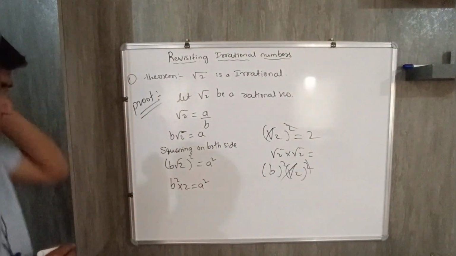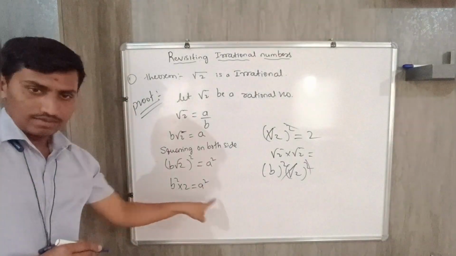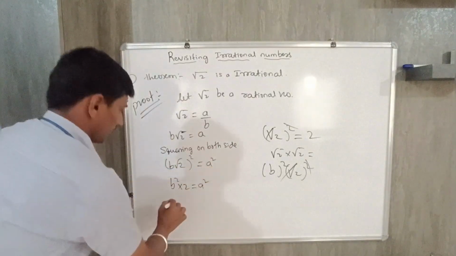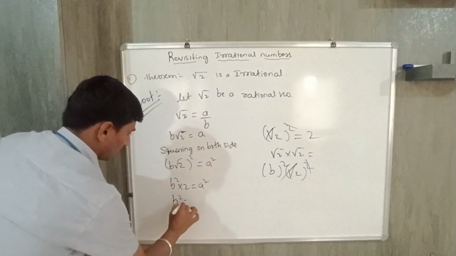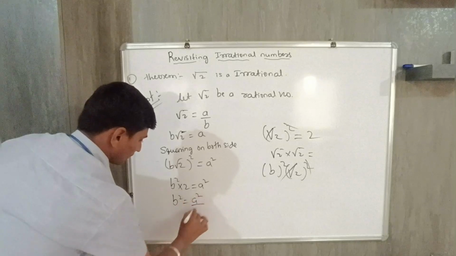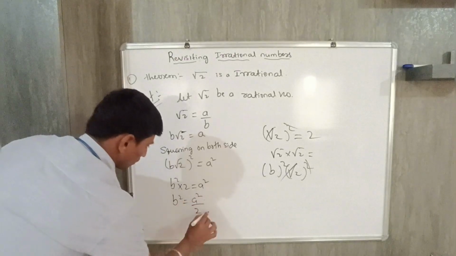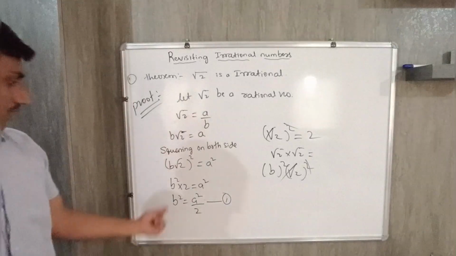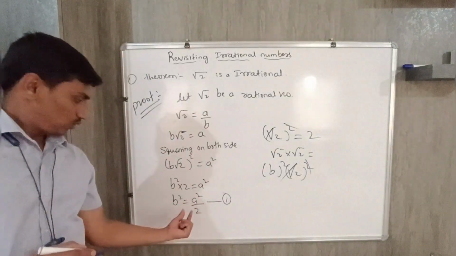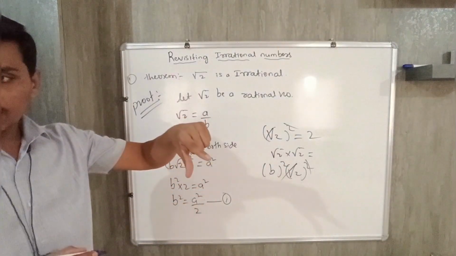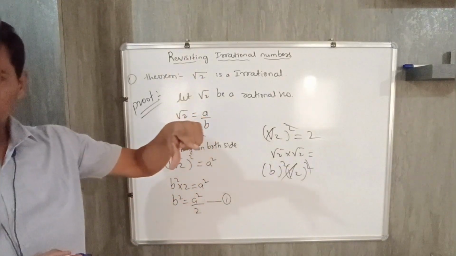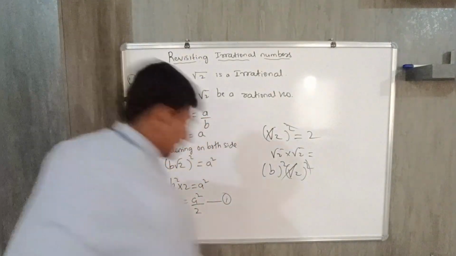Take this 2 to the other side: multiply sign on this side means divide on that side. So b square equals a square by 2. This is equation 1. So 2 divides a square.